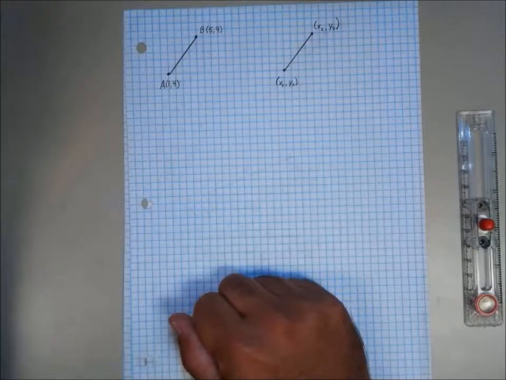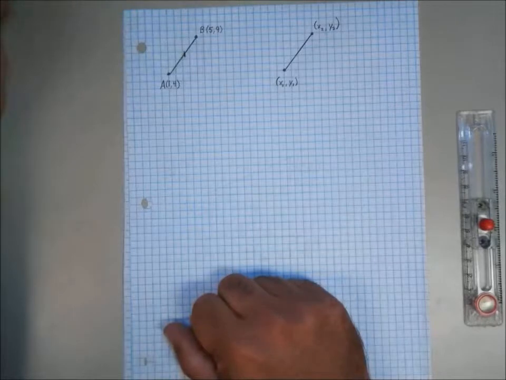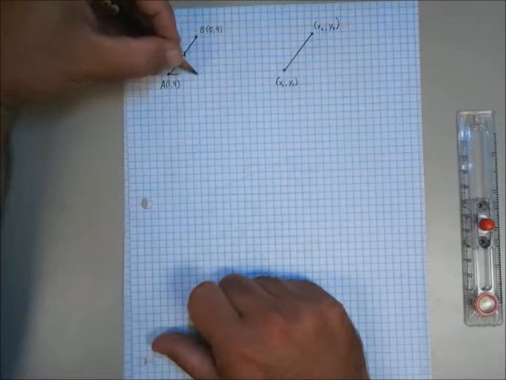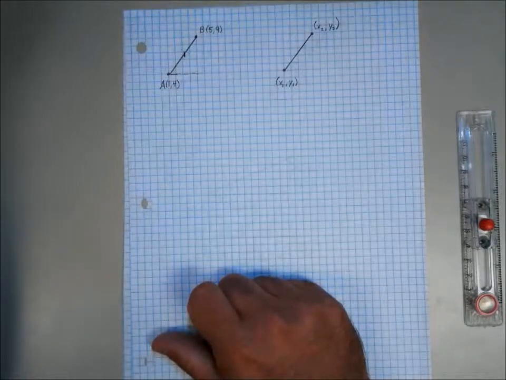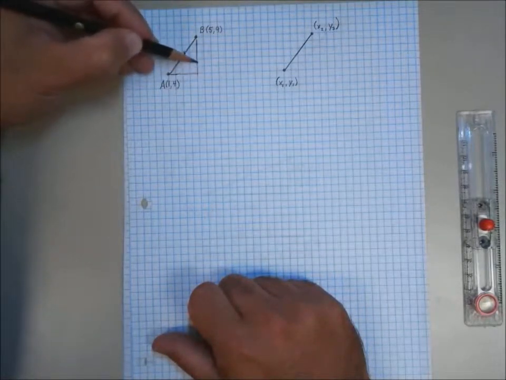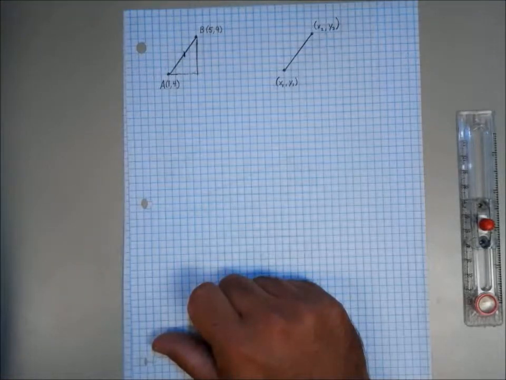The nice thing about this is, if you sort of estimate where you think it's located, then really all you have to do is find the midpoint of the horizontal for your x and the midpoint for the vertical for your y.